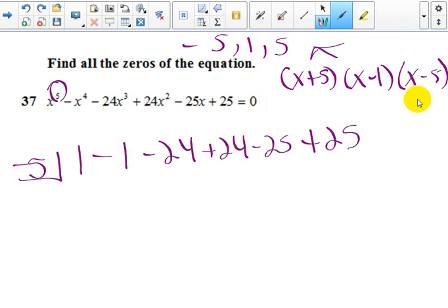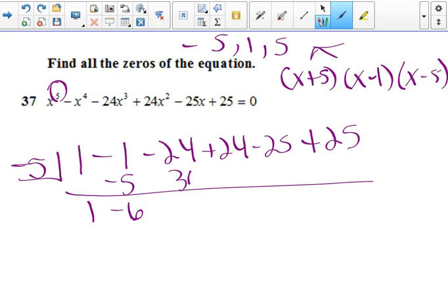Okay, so there it is. That's the coefficients of every term here. 1, -1, -24, +24, -25, and +25. So now start by carrying down your 1. I'm going to do this one time. Multiply. -5 times 1 is -5. Get a -6. Multiply. 30. And then you get a +6. So -30.